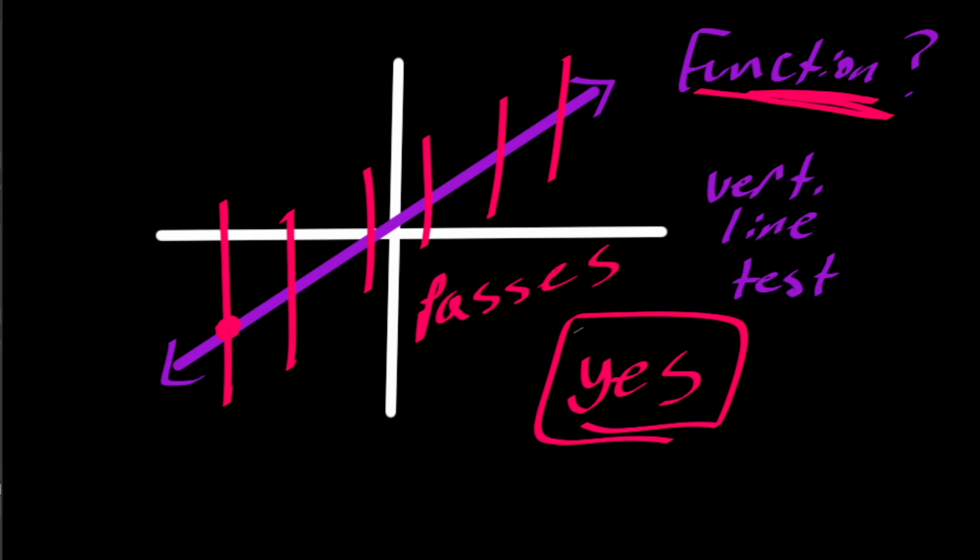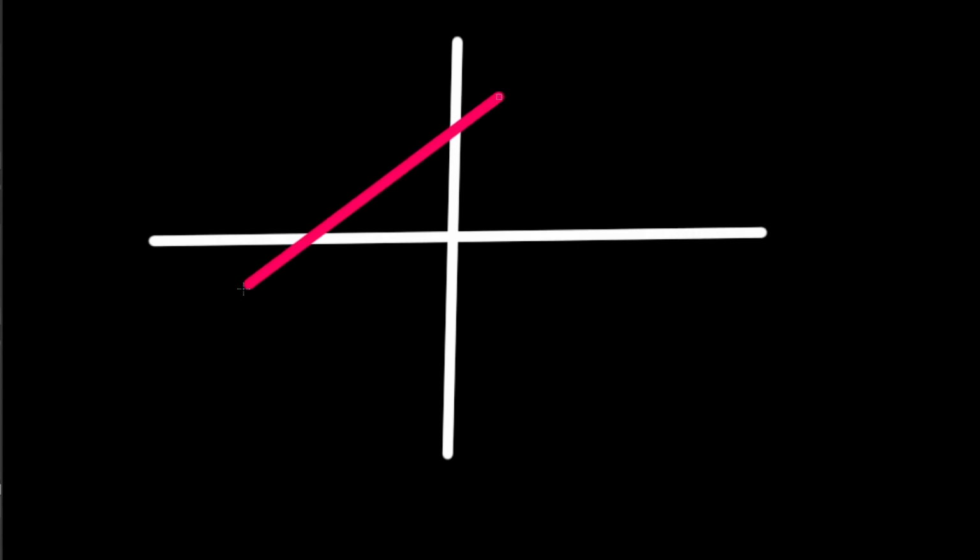So, let's look at one that's a little bit harder. Let's say I have a graph that looks like this. My graph has, we'll draw it kind of like this. All right, so here's my graph.